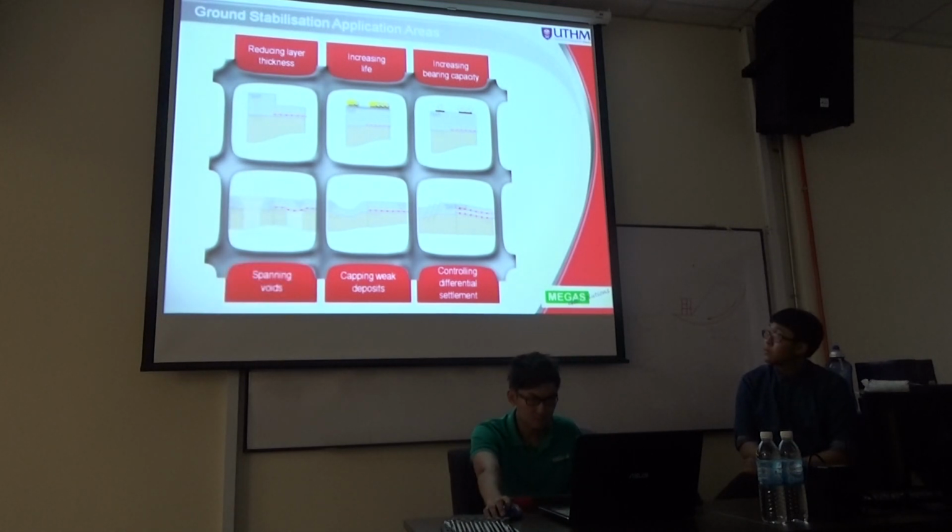Another one is spanning over the voids. This void is something like a sinkhole. Do you understand what is a sinkhole? Okay, very good. This is not to say that it can eliminate the problem of the sinkhole, but it can span over the void so that it gives us some sign before things collapse.